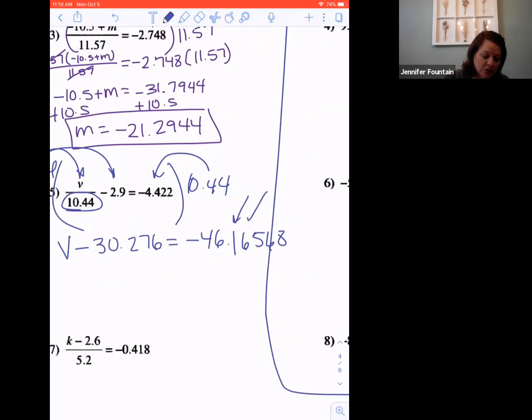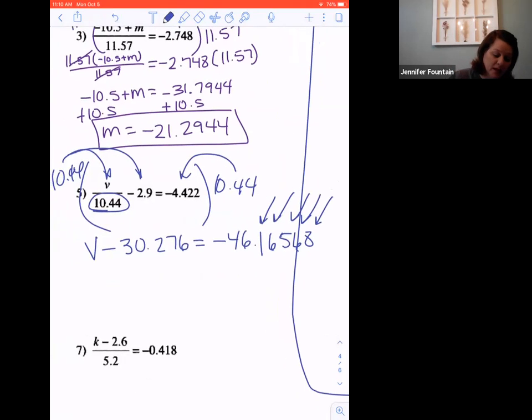I've got 1, 2, 3, 4, 5 places after my decimal. Okay, so I know that 1 place after the decimal is 10, 2 places after the decimal is 100, 3 places is 1,000, 4 places would be 10,000, 5 places would be 100,000.